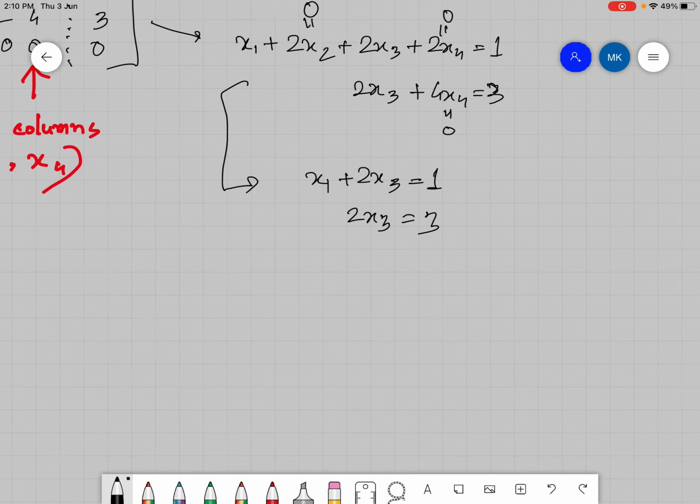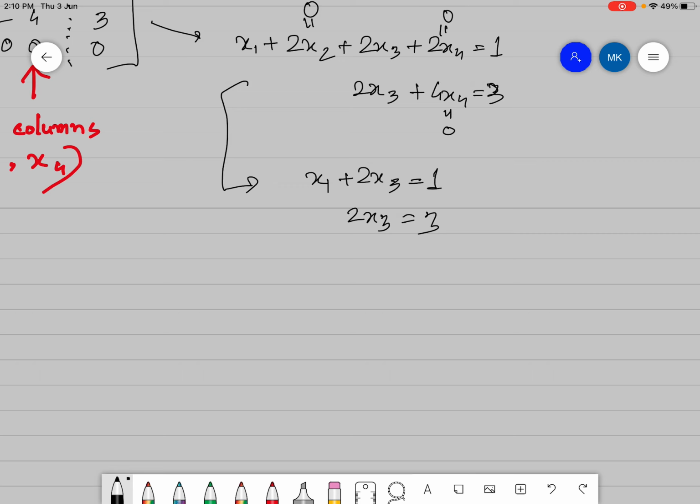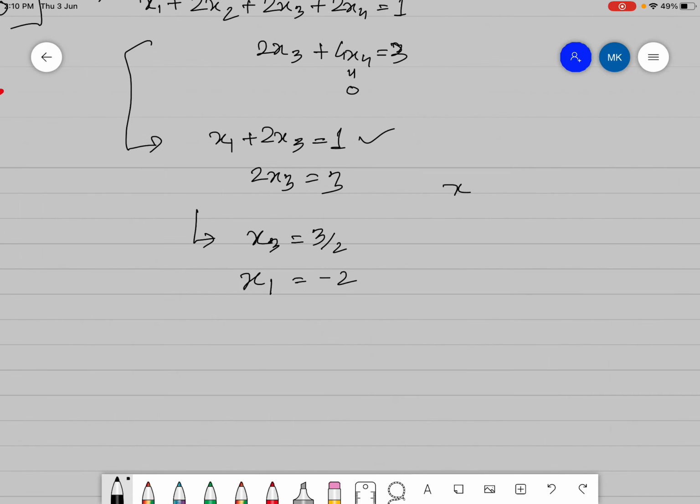So from here, we would get x3 equals 3 by 2, and if x3 is 3 by 2, then substituting the value of x3 here would get you x1 equals negative 2. So our one particular solution would be minus 2, 0, 3 by 2, 0.